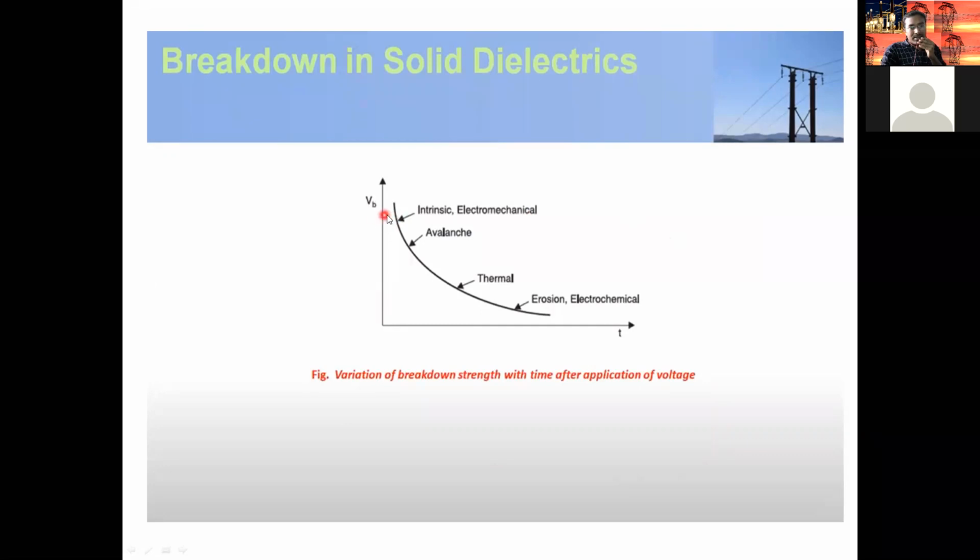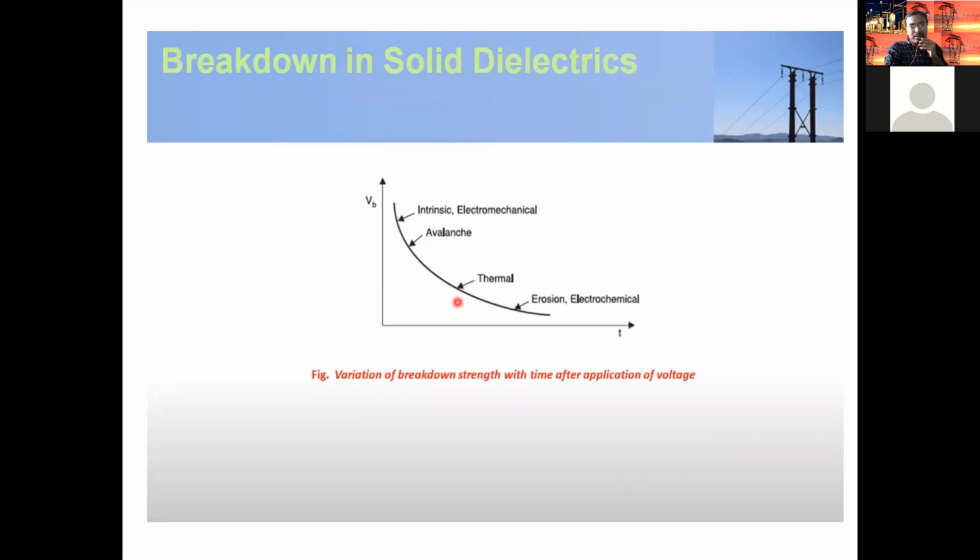Very high voltage is required under intrinsic and electromechanical breakdown. Understood? And then next, thermal breakdown.